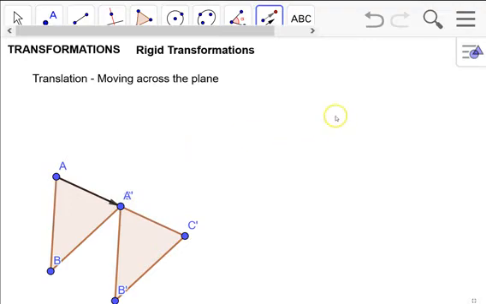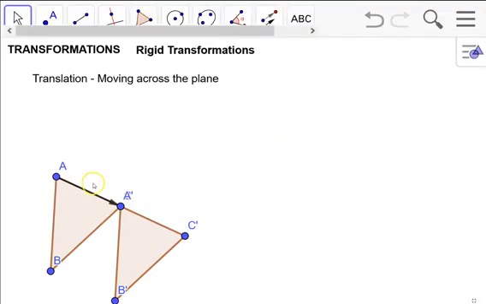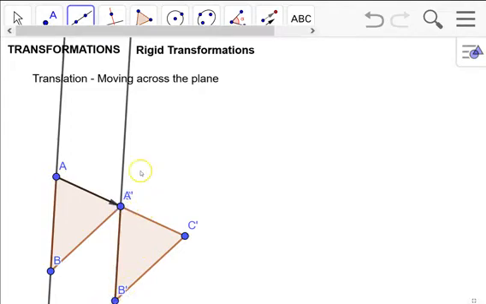Now, one thing that we need to notice, and we need to make sure that we understand, is that when we move a line segment along a vector, the resulting line segment should be parallel to the original. So if I was to look at line AB and I looked at line A prime, B prime, we should notice that these lines end up being parallel.